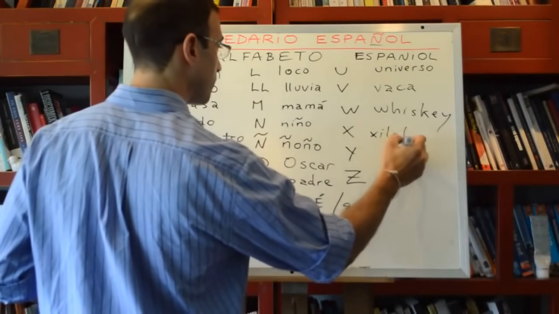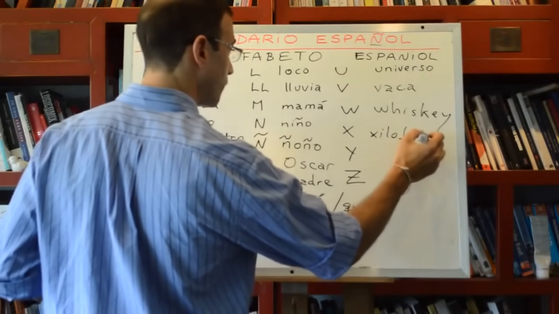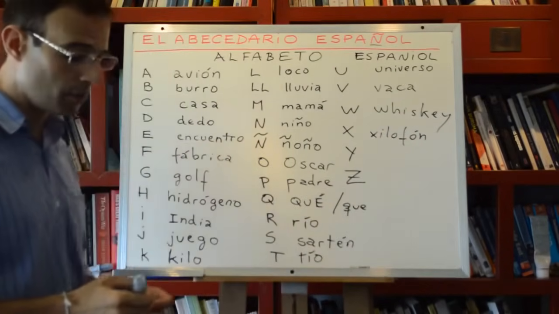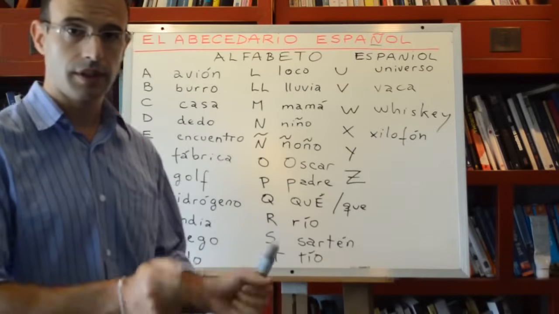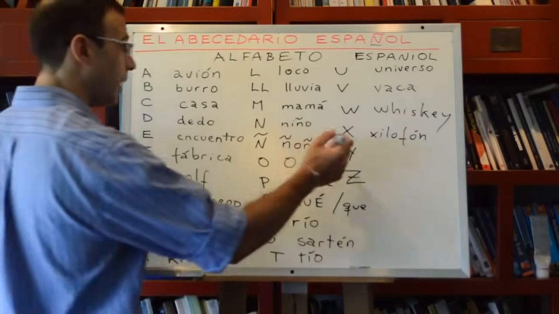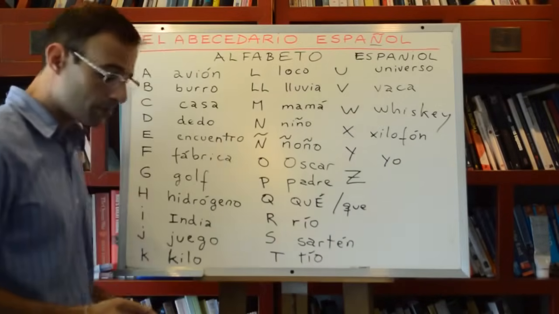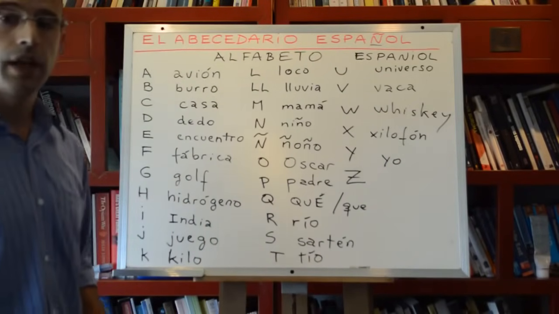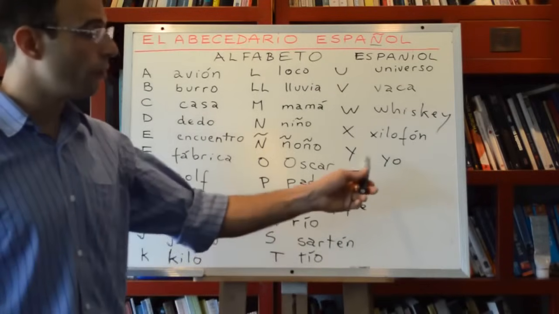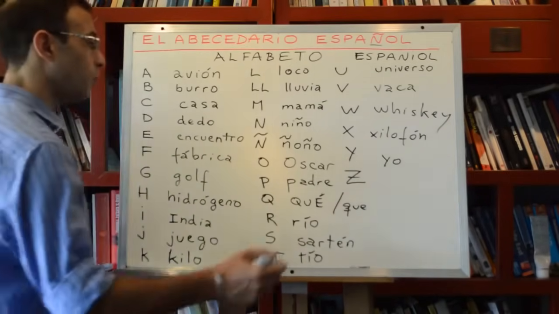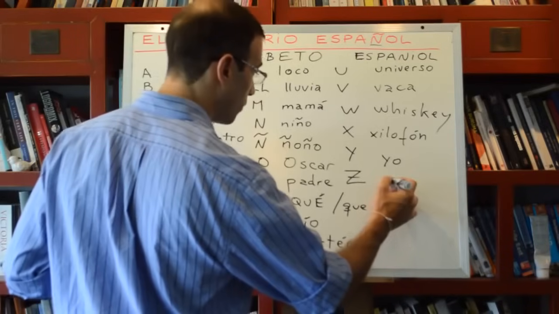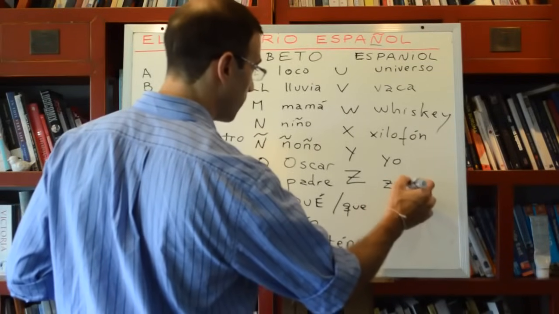Xilófono, for xylophone, the musical instrument. Ting, ting, ting, ting, ting. With Y, yo. Yo is the pronoun I. I go home. Yo voy a casa. With Z, of course, zebra.